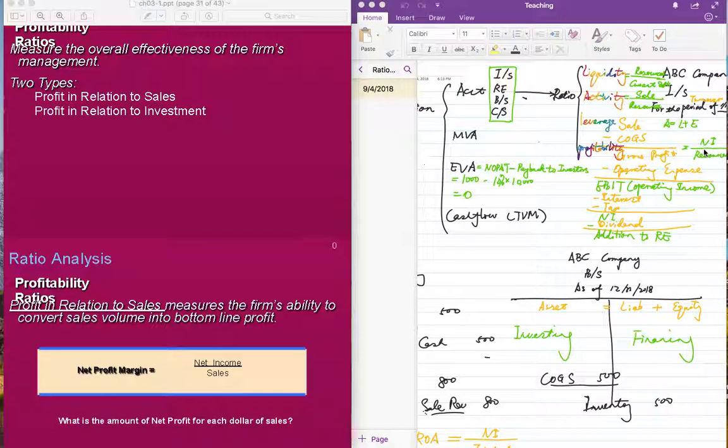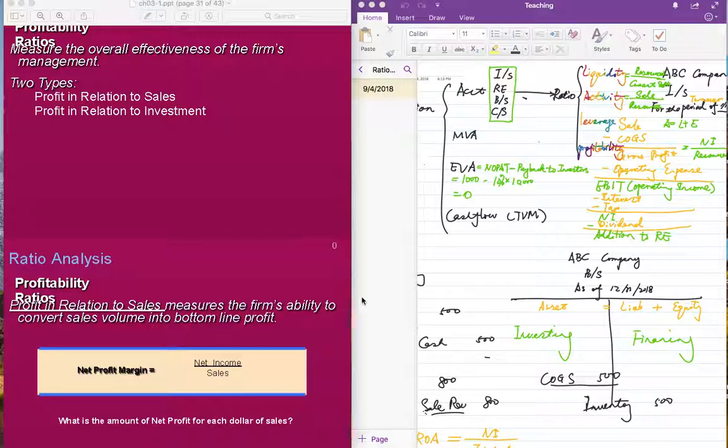It measures the firm's efficiency of using resources, on the denominator, to generate net income. We want this number to be as high as possible. So we use limited resources but are able to generate maximized net income. And commonly, those profitability ratios are called return.